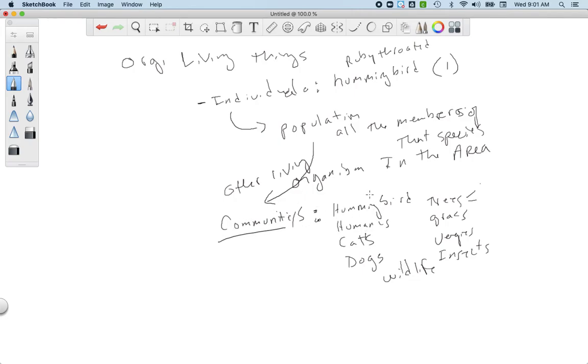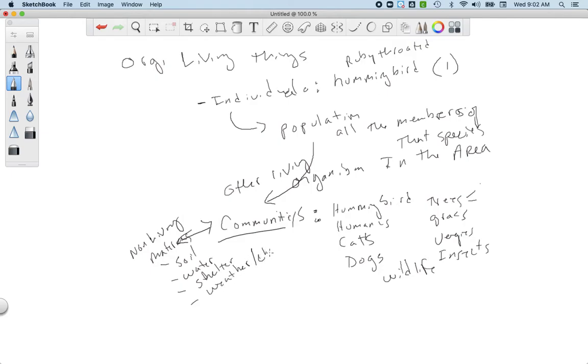So, but those communities are also working with, or working within, non-living materials. So not only do I have trees, grass, veggies, insects, and wildlife, I have soil, I have water, shelter, and something I like to complain about all the time, weather.